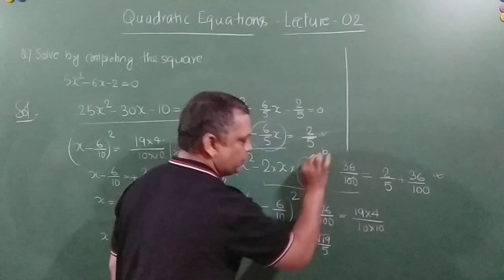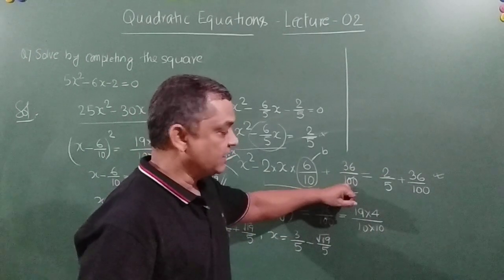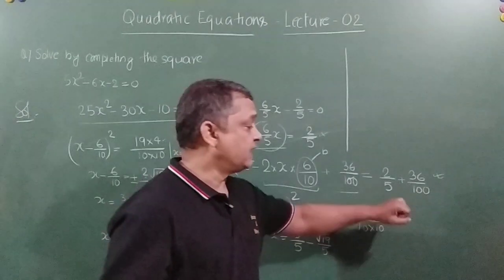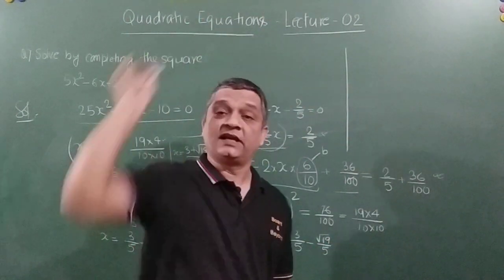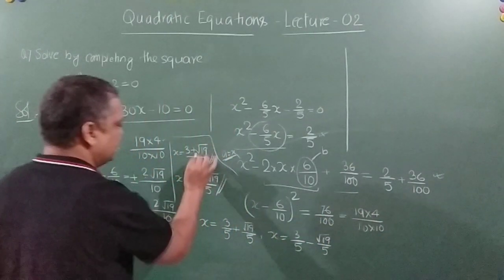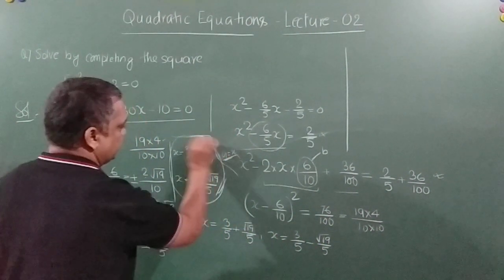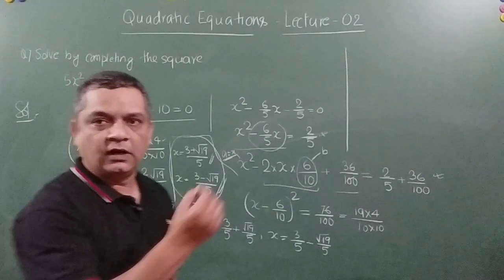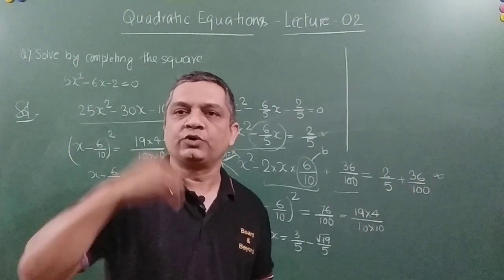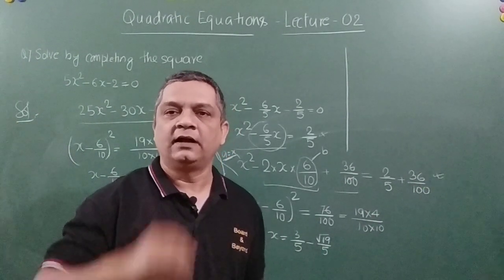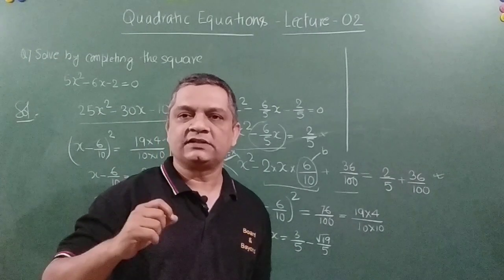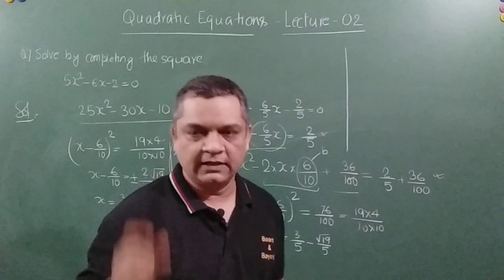Whatever term you have introduced as b square of that should be added here, and b square of that should be added on the right hand side of the equation as well. Once you do that, then you will be able to come out with the correct answer. Right? So with this concept, I hope I have delivered the concept to you in the simplest manner and which you have understood well, right? So let's move on to the next thing.